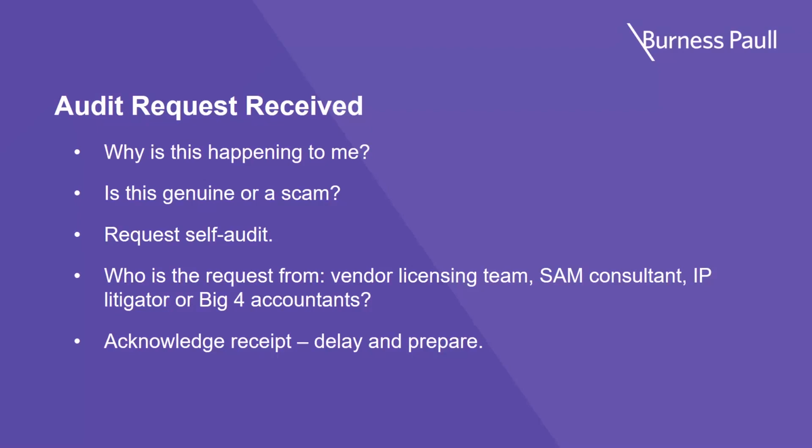Of course, I don't need to tell you that you should acknowledge receipt of the genuine request, but anyone requesting the audit is going to have to accept that you will have ongoing operations, and you should do all you can to buy some time here. Presumably they've got rights to do it, and the audit will need to go ahead, but it should be something that can be fitted into your planned work program.